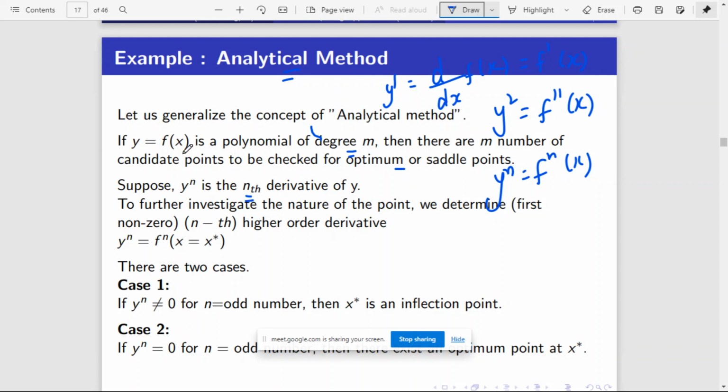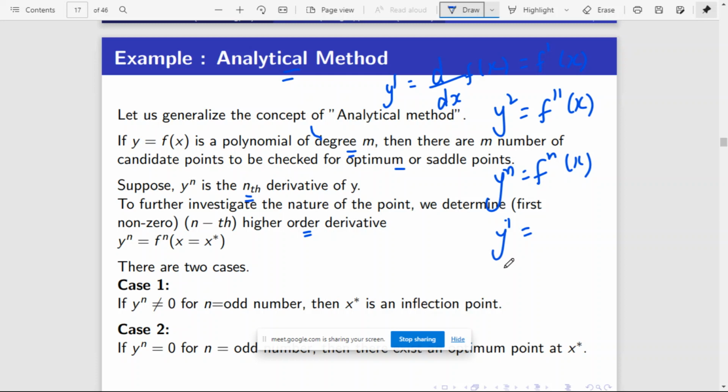To further investigate the nature of the point, we determine the nth higher order derivative. If n is 1, that is first level. If n is 2, that is second level derivative. If n is 3, that is third level derivative.